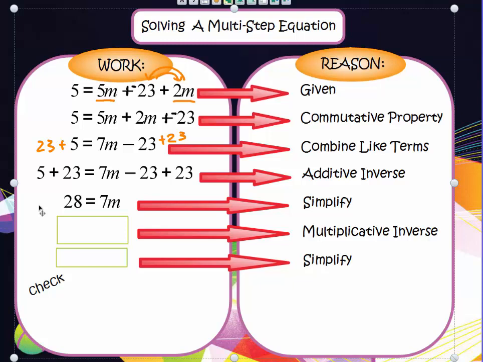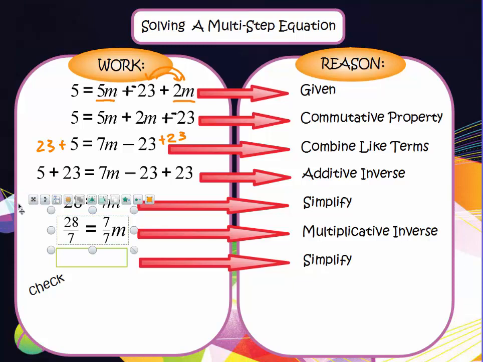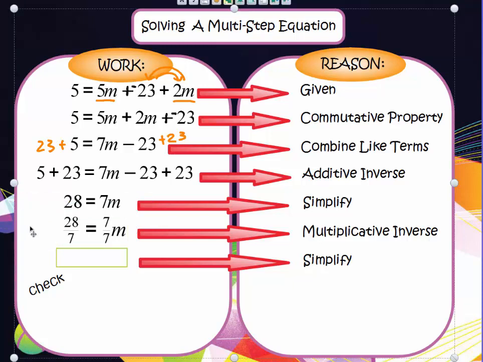Now to undo this multiplication, this 7m here, I need to use what we call the multiplicative inverse. And again, the multiplicative inverse is using a reciprocal. So right there I have 7, which is really 7 over 1. Any whole number is just a fraction over 1. So the reciprocal of 7 over 1 would be 1 over 7. So 1 over 7 times 7 over 1 gives me 7 over 7.